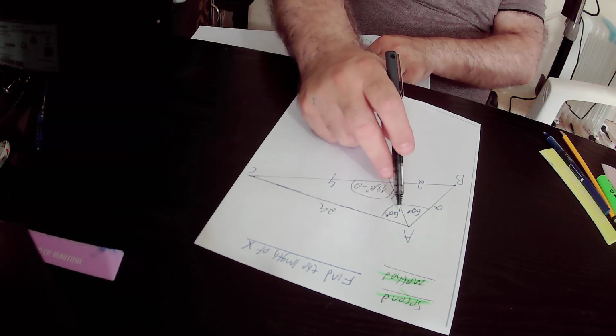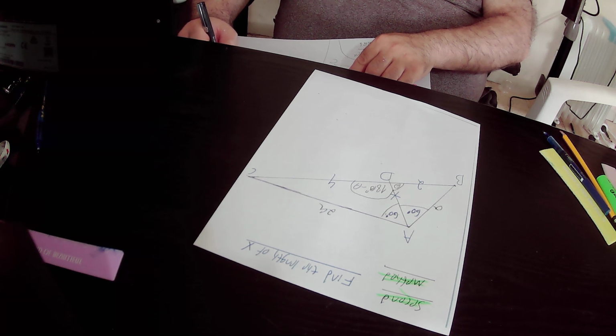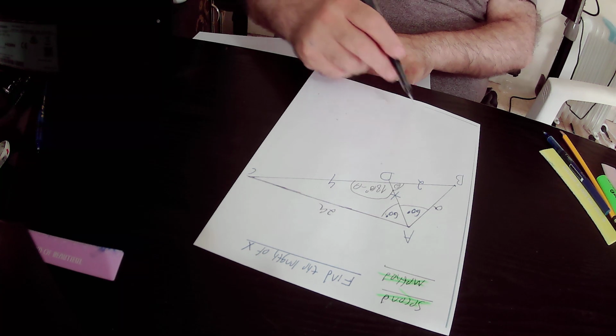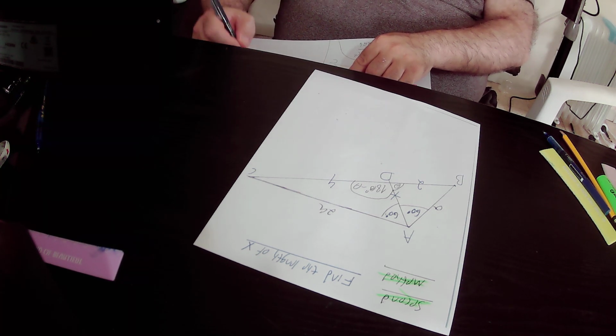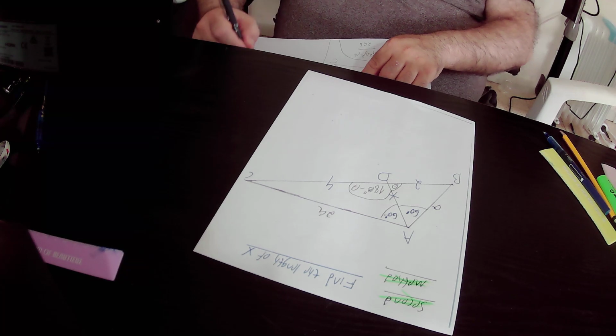Here angle BAC equals 60 degrees plus 60 degrees, that is 120 degrees. Side AB equals A units according to what is given in the question. Side AC equals 2A. Side BC equals 2 plus 4, that is 6.